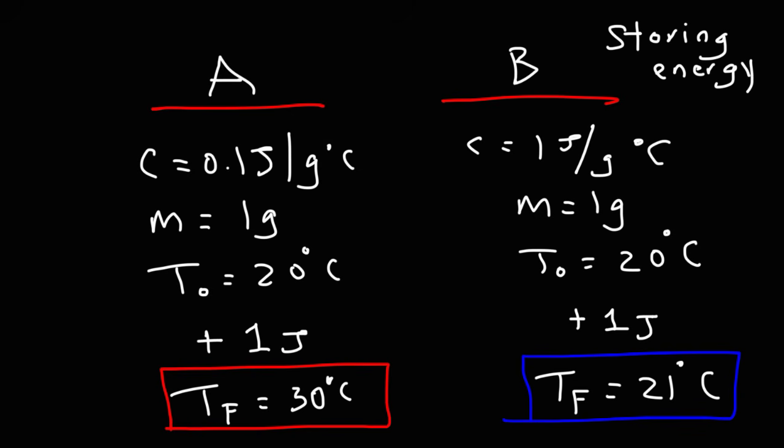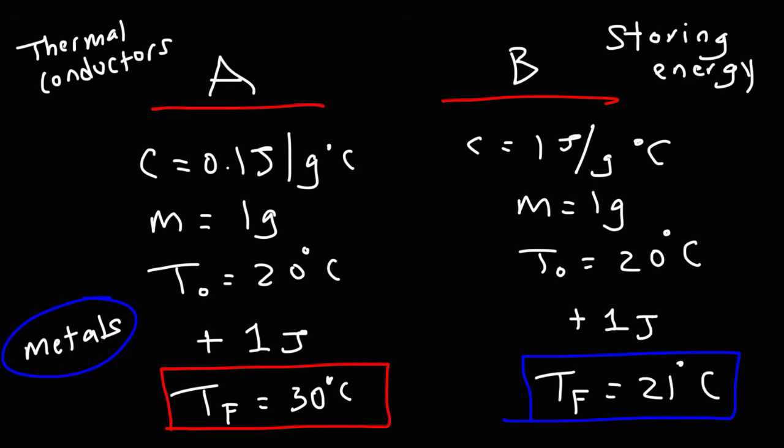So if you want a substance that can store heat energy, you're looking for a substance with a very high specific heat capacity. Now, substance A is not good for storing heat energy. However, it is good for transferring heat energy. So this is good as a thermal conductor. Metals are good thermal conductors, and you'll find that metals typically have a relatively low specific heat capacity.